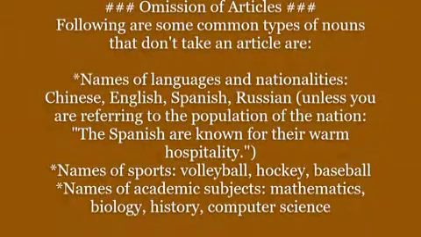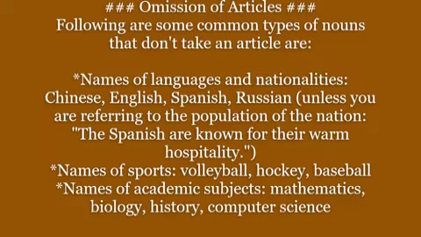Here we are going to see omissions of articles. There are certain places where we do not use articles at all. We avoid articles. Let's see where. Following are some common types of nouns that don't take an article.